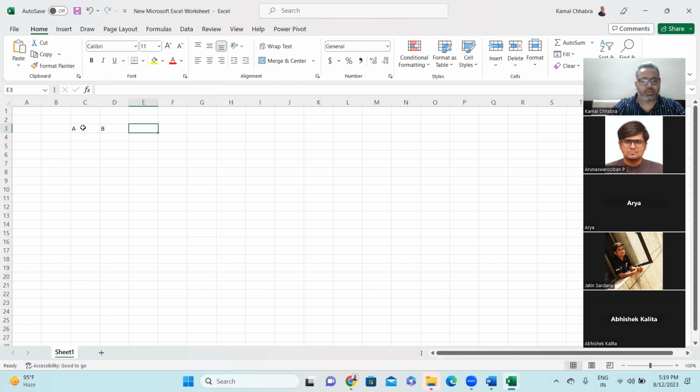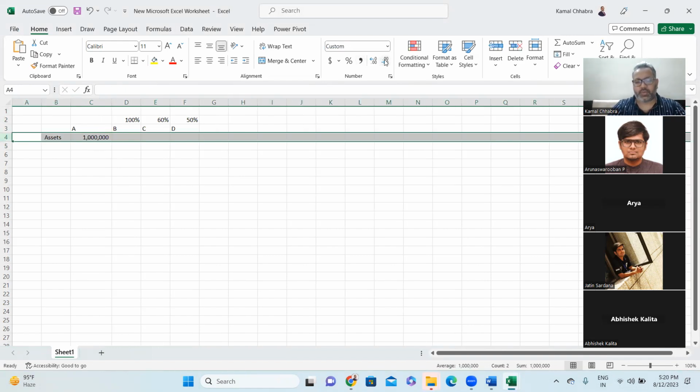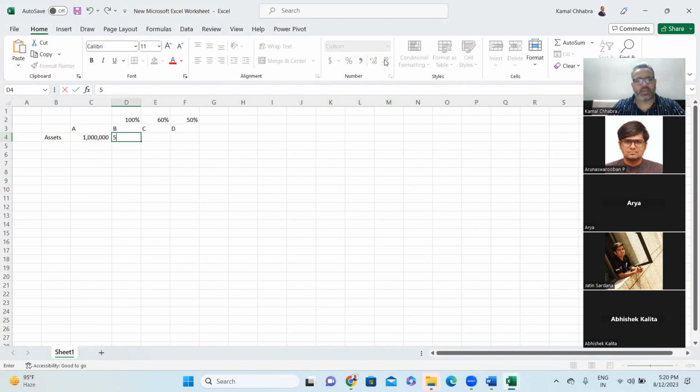This has B, C, and D. A company has, let's say, 100% share in B. They have 60% share in C, and they have 50% share in D. And now let's assume they have assets. They have $1 million assets, $500,000 assets, $200,000 assets, and $100,000 assets, right?